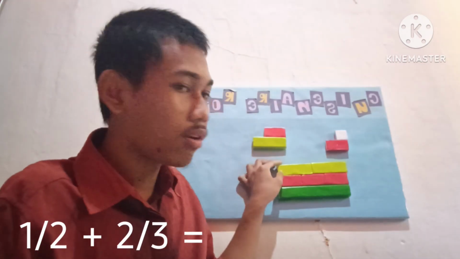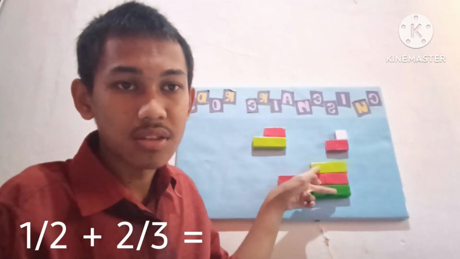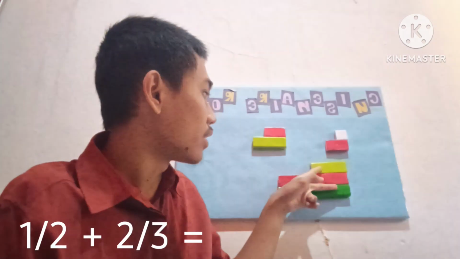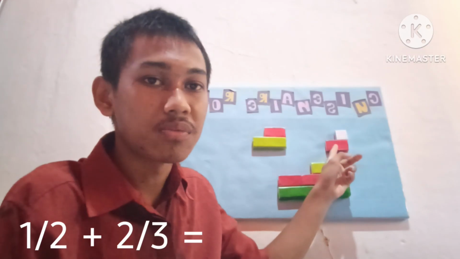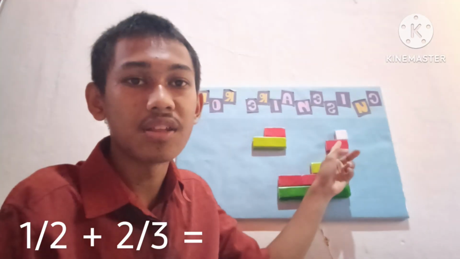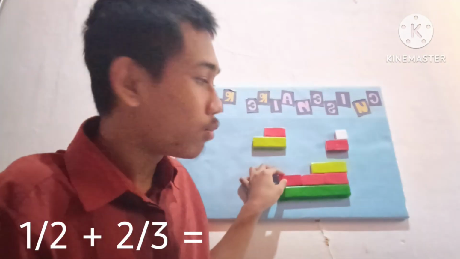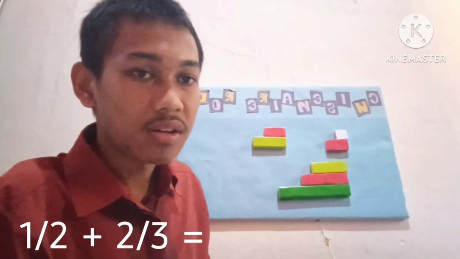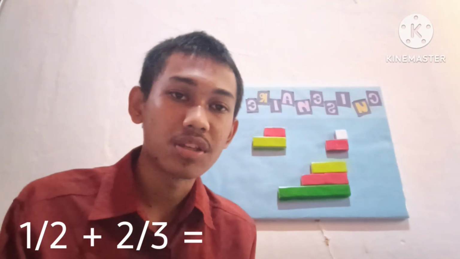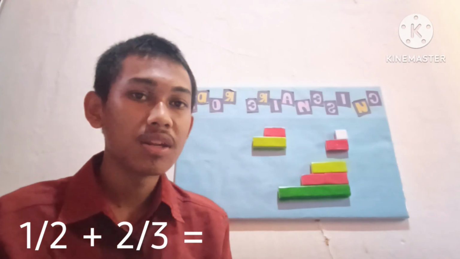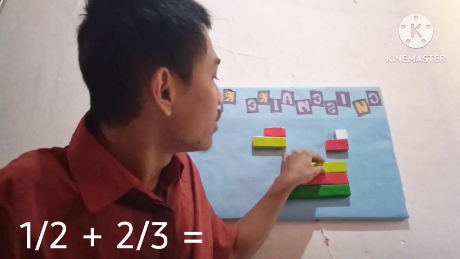And if we take out one light green rod here, this is a half, the same value as the first fraction, which means this is an equivalent fraction. And if we take out one red rod here, this is 2/3. And the result for the addition operation of the fractions is we need to collect all the numerators here.